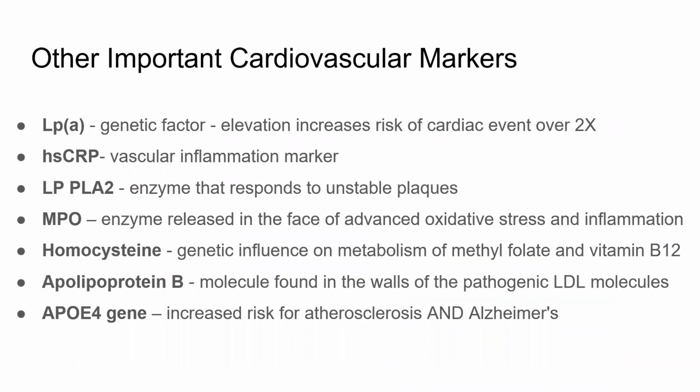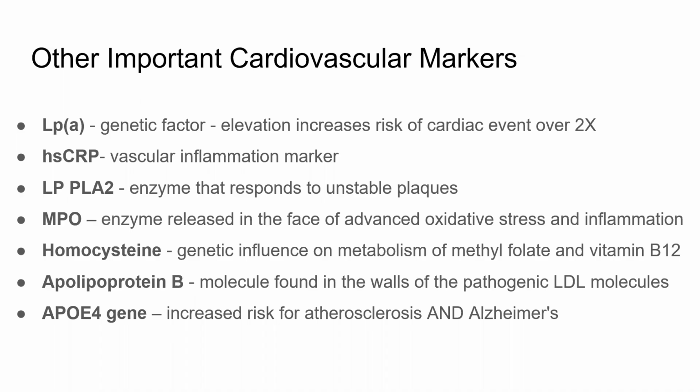Other important cardiovascular markers. So all these are potentially testable in the blood work that we do. I think we have another slide on lipoprotein A, so I'll come back to that, but essentially it's a hereditary marker that is worth knowing if you have a family history of heart disease.